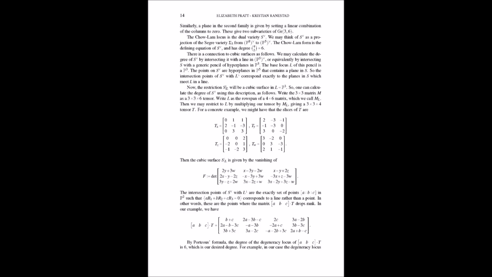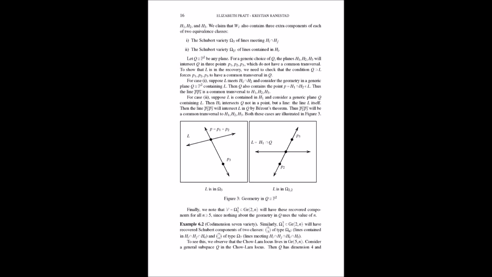Example 1.4 gives us a counterexample using a ruled quadric surface, which is a surface that can be swept out by a family of lines. Oh, so similar to that surface we were visualizing earlier with the curve in Gr(2,4). Exactly. And what's interesting is that on this ruled quadric surface, you can find two different curves that have the same Chow Lam locus. So if we only knew the Chow Lam form, we wouldn't be able to tell which of those curves was the original one.